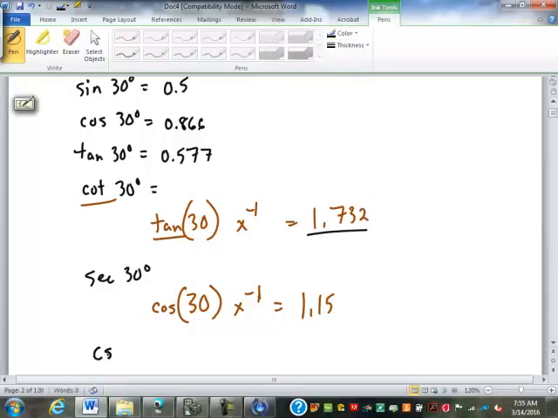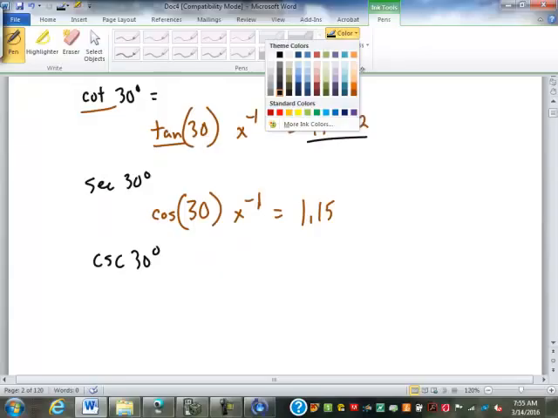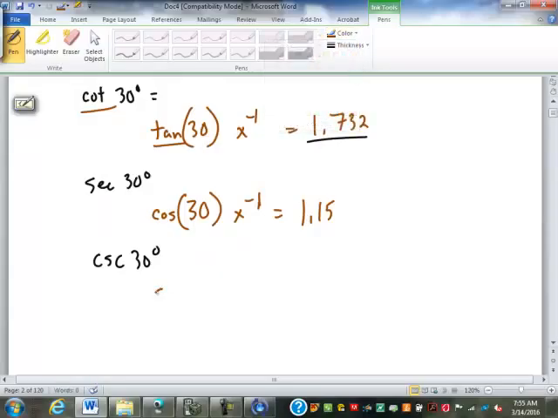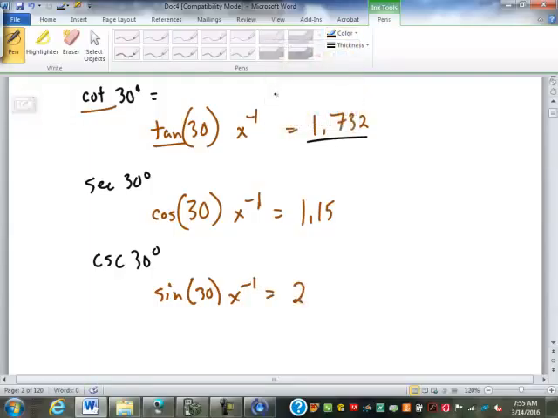How about cosecant of 30 degrees? Cosecant, of course, will go off of the sine. Should come out to be exactly 2.